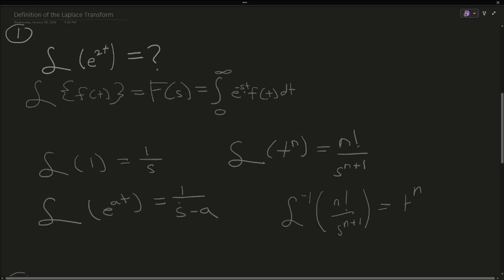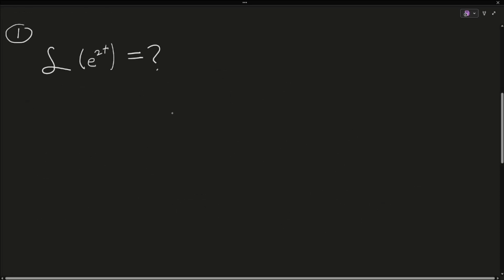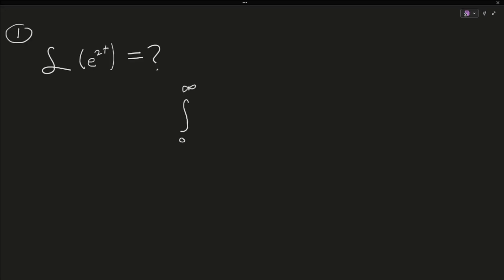Now let's try to solve the Laplace transform of e to the 2t. Well, our definition integral of Laplace was 0 to infinity of e to the minus st times f of t, and in this case, f of t will be e to the 2t dt. So over here, I'm going to do a little bit of algebra and combine these exponential terms.